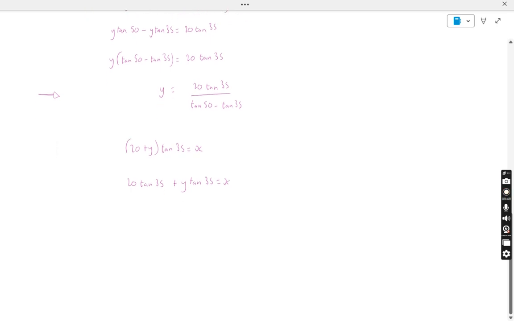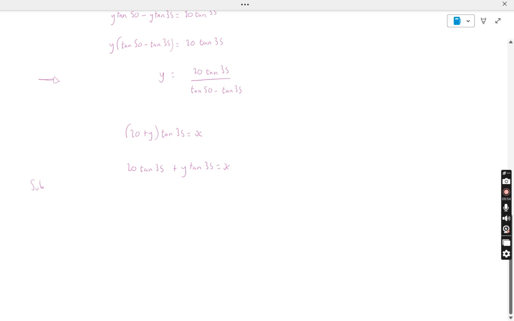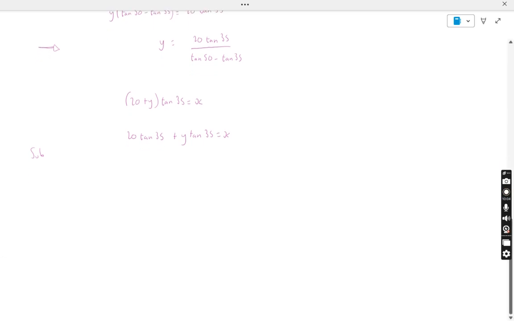Now let's substitute in. So instead of y, I'm going to put 20 tan 35 divided by tan 50 minus tan 35. Bit of a complicated one, but let's get through this.